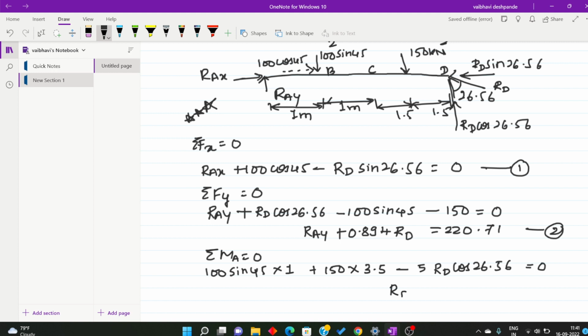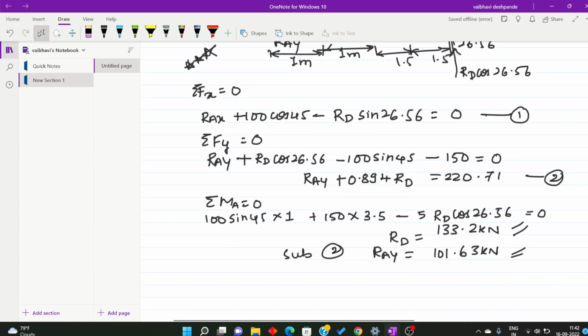Now simplify this, and we will get the RD value as 133.2 kilonewton. Then substitute the RD value in equation 2 and we will get the RAY value, which is 101.63 kilonewton. Once you get RAY and RD, we can substitute in equation 1.